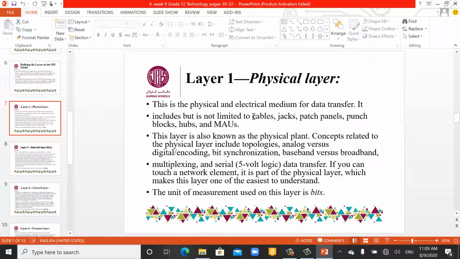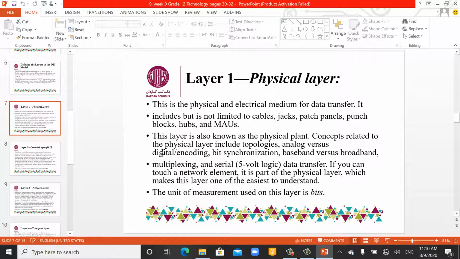Physical and electronic medium for data transfer. It includes, but is not limited to, the cables. It's not limited to jacks, patch panels, punch blocks, hubs, MAUs. This layer is also known as the physical plane.